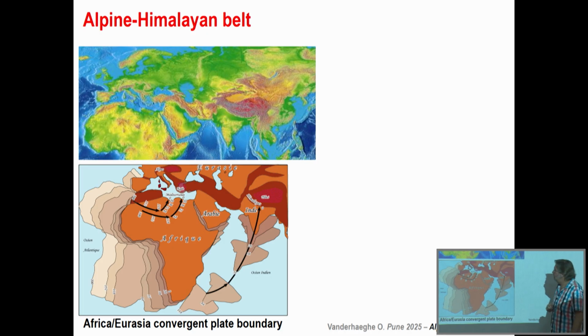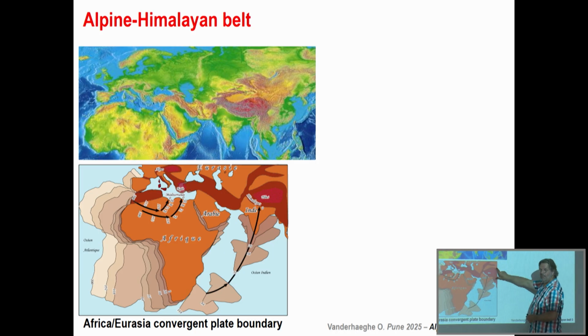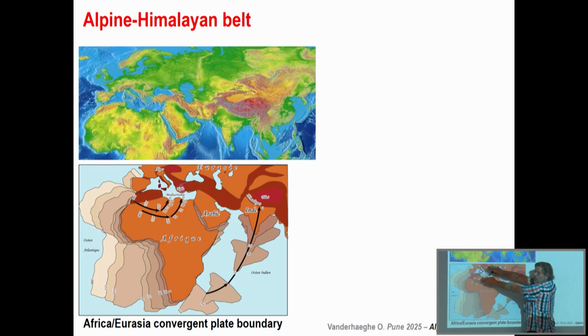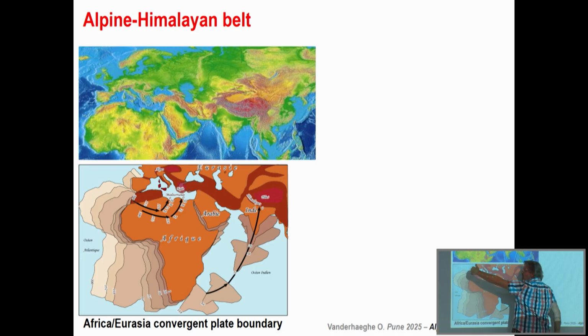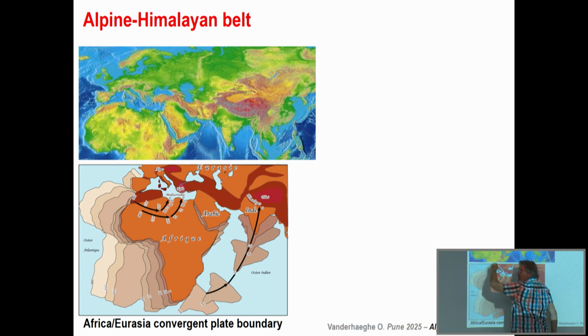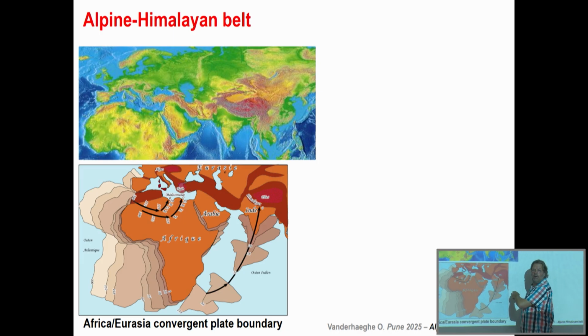Its width, is it equivalent throughout from west to east? Well, no, it's much wider here than here. What does that reflect? Well, that reflects the scissor shape motion relative to a pole, an axis of rotation that was further to the west, northwest here, and Gibraltar is much closer to the axis of rotation than the Himalayas and Tibet.